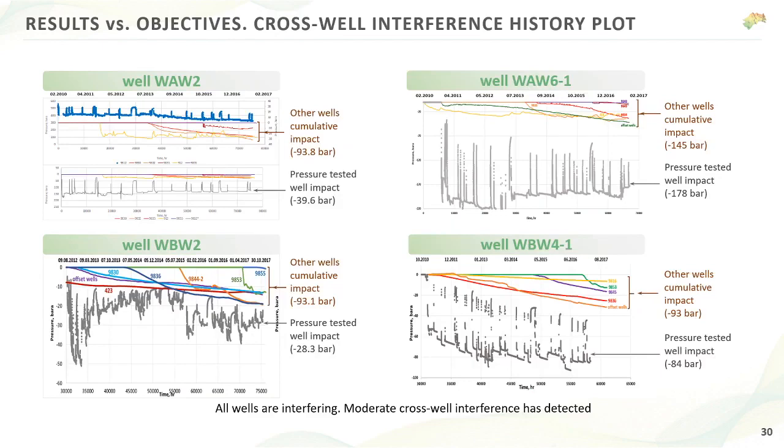And then here on these 4 plots, you can see the cross-well impact. The colored lines on each of these plots show the individual pressure impact of wells surrounding these focus wells. And what we can derive from these plots is that the cumulative impact of offset wells for almost each of these wells is actually higher than the impact of the well itself.